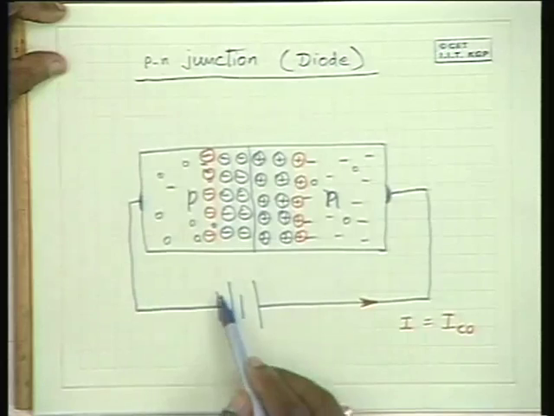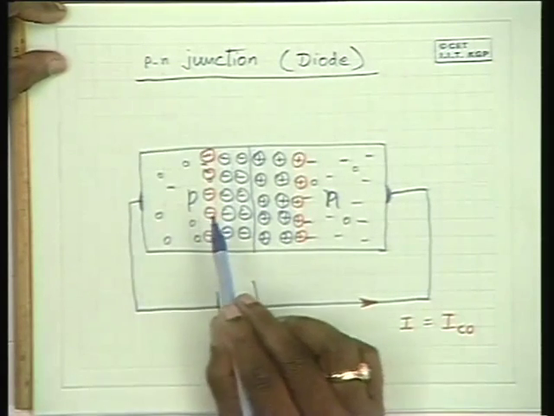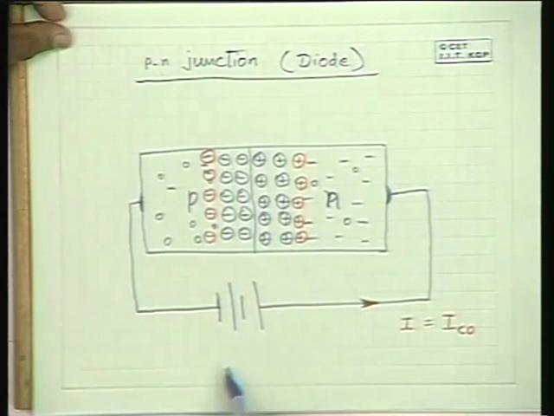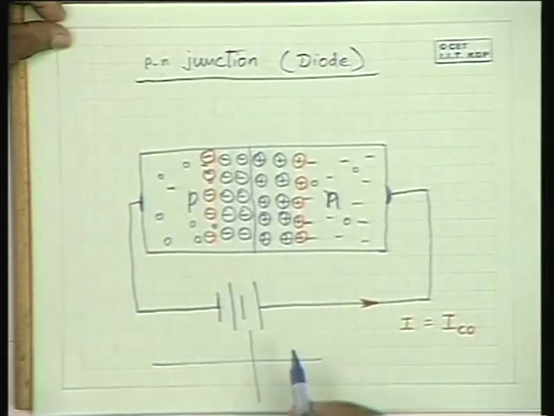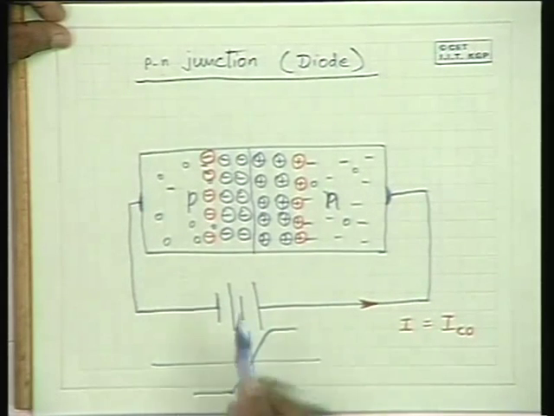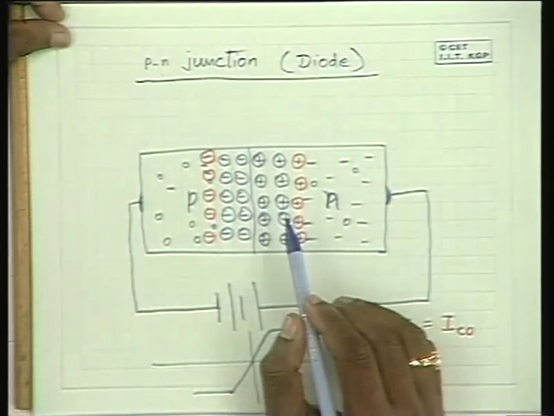When the junction is reverse biased, look at this diagram, because of the high potential here, the potential gradient is very high because of the charged particles. It is like a parallel plate capacitor.